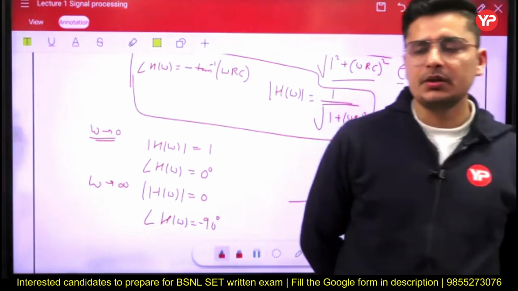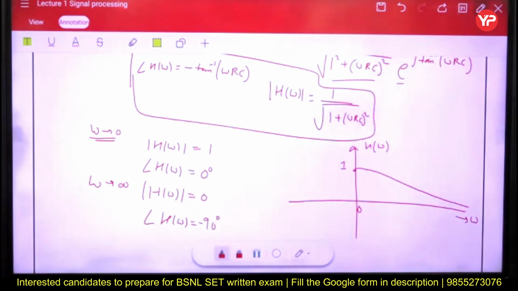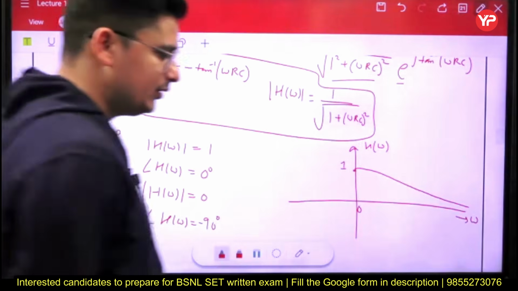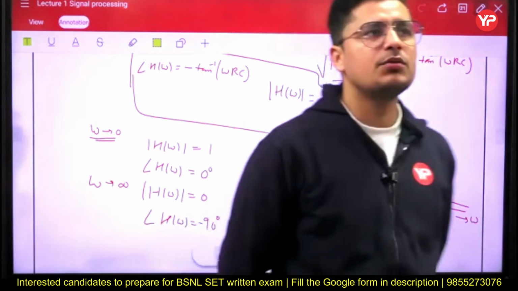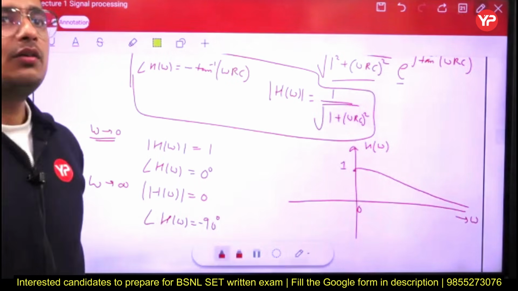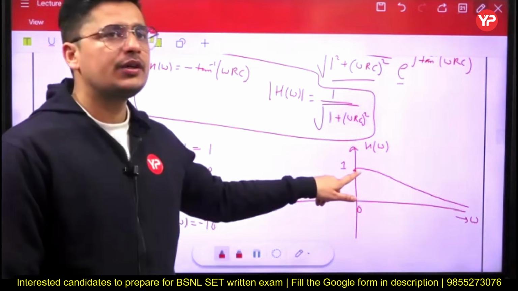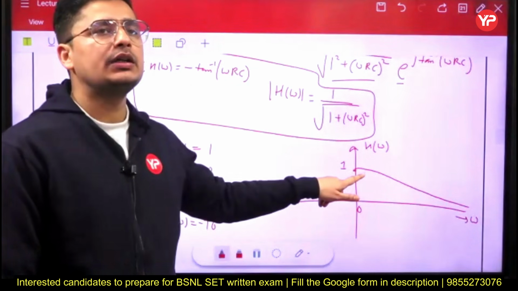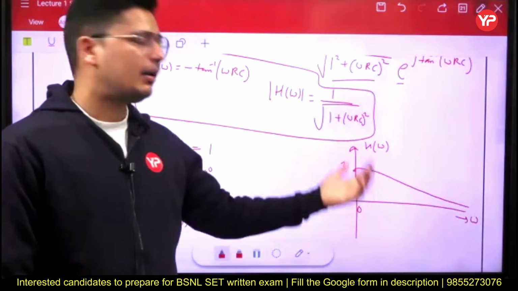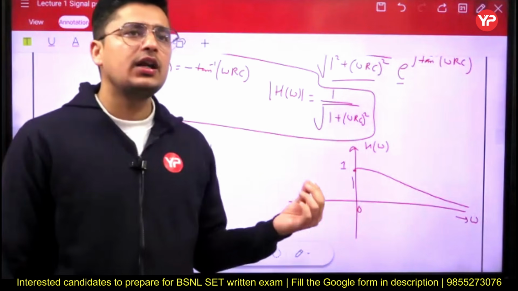So if you remember, in yesterday's class I told you that this RC filter is a low pass filter. Remember the first example where I gave you this RC filter and said it will work as a low pass filter. Why will it work as a low pass filter? Because at lower frequency its gain is 1. Meaning if you apply 0 frequency or a lower frequency, it will have a gain of 1.